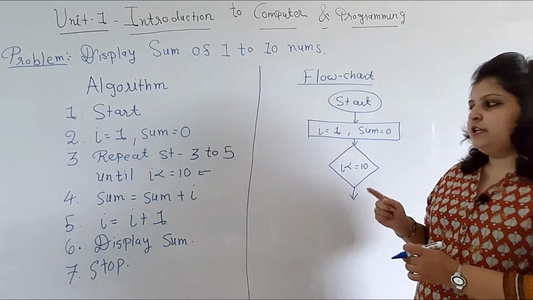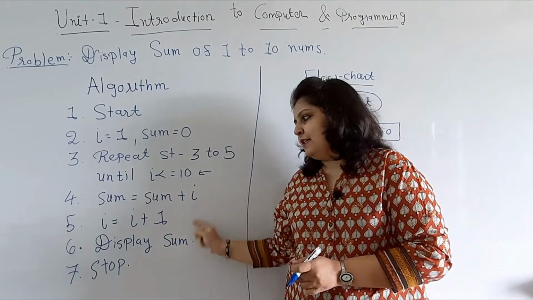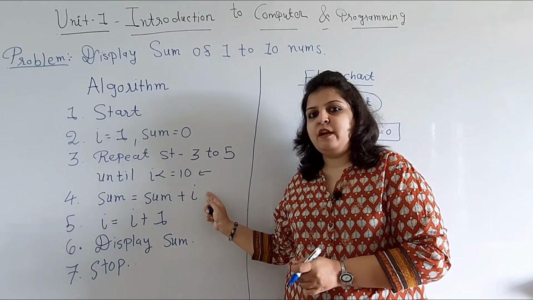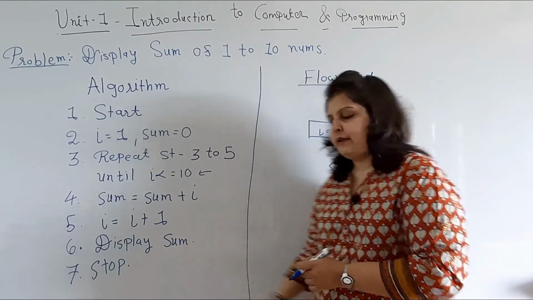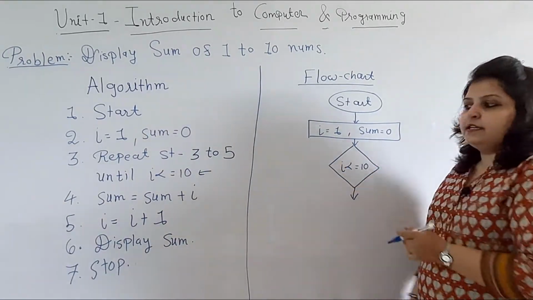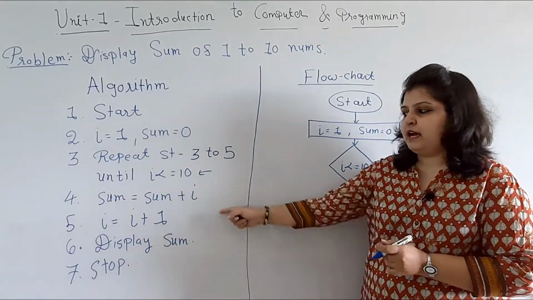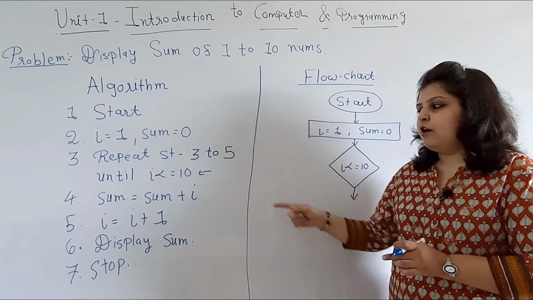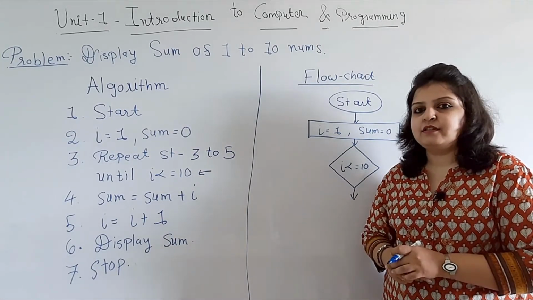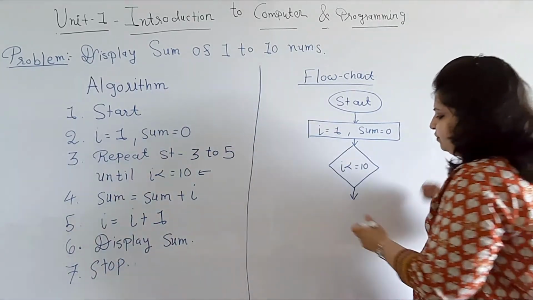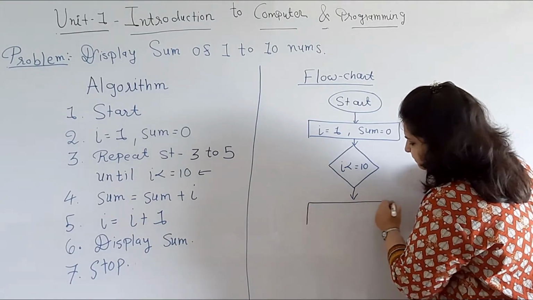If this condition is true, then execute these 2 statements, statement number 4 and statement number 5. Here sum is equal to sum plus I and I is equal to I plus 1 are also expressions, so again we use a rectangle.